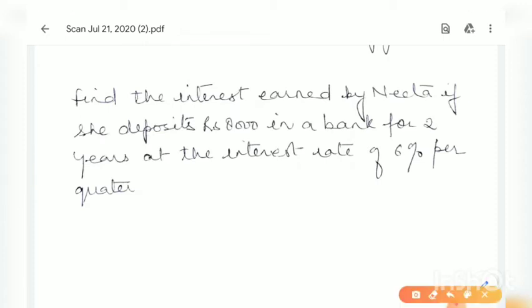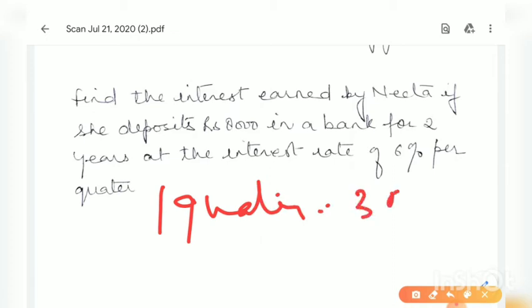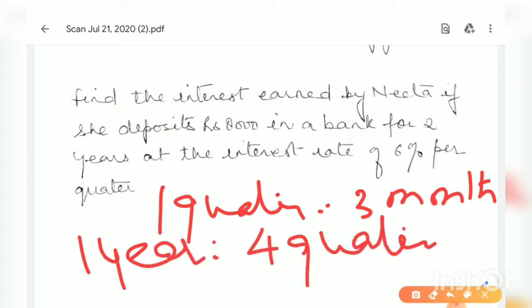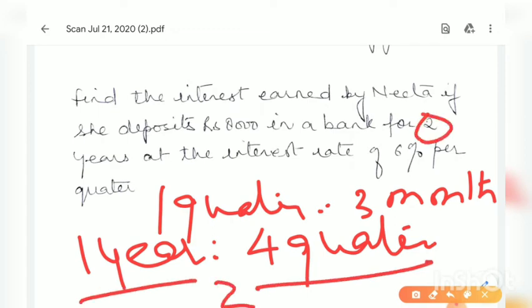As you all know, 1 quarter is equal to 3 months, and 1 year is equal to 4 quarters, right? Now if 1 year is 4 quarters, 2 years will be 2 into 4, that is 8 quarters. Okay?